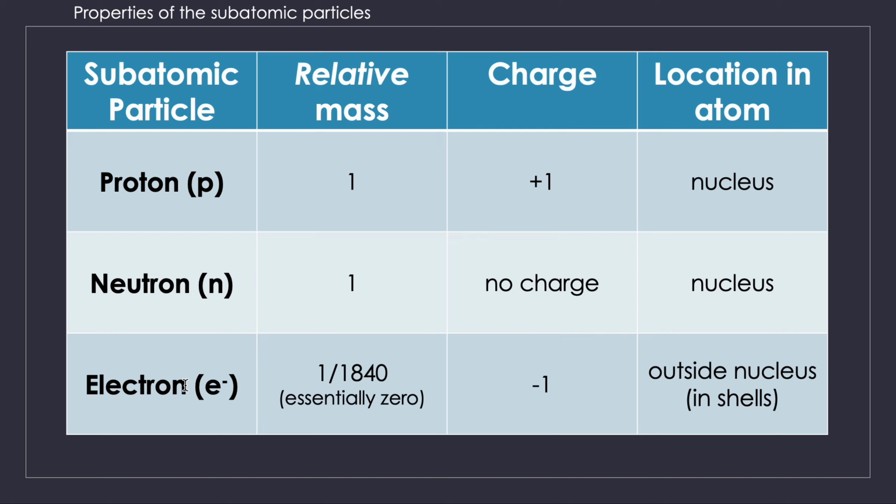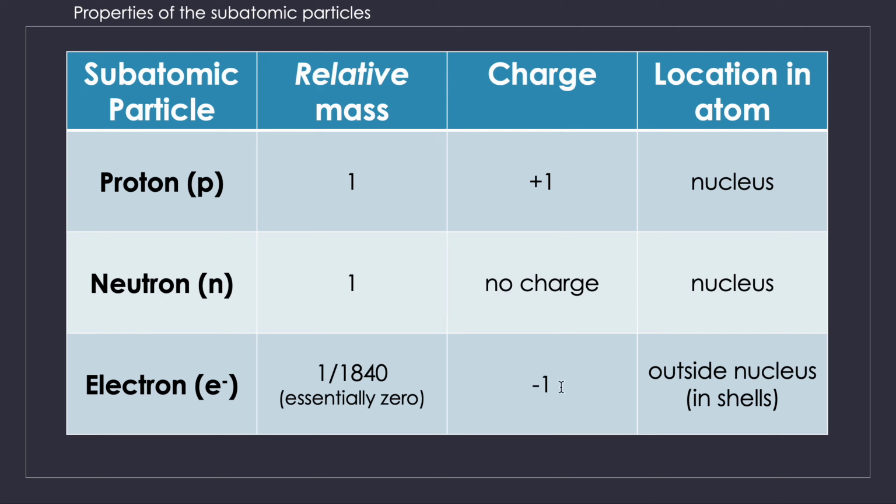And the electron has almost 1/2000 the mass of the proton or the neutron, so essentially 0. We say that the mass of the electron is negligible. So whenever we consider the mass of an atom, we're talking about the protons and the neutrons, and we're not considering the electrons.